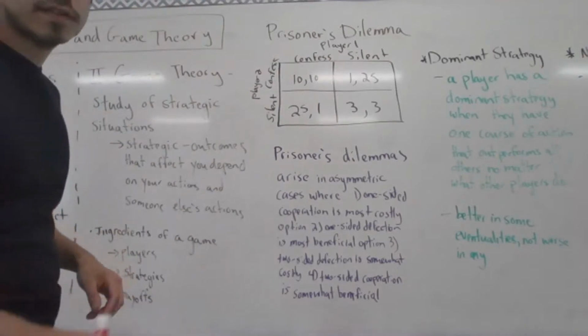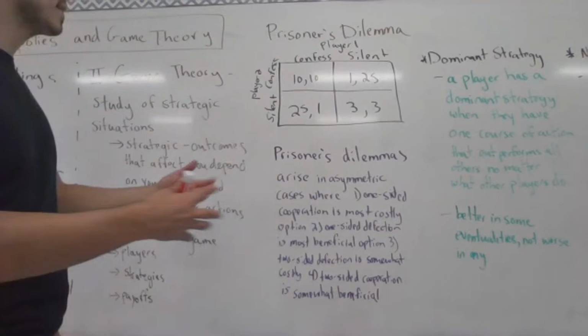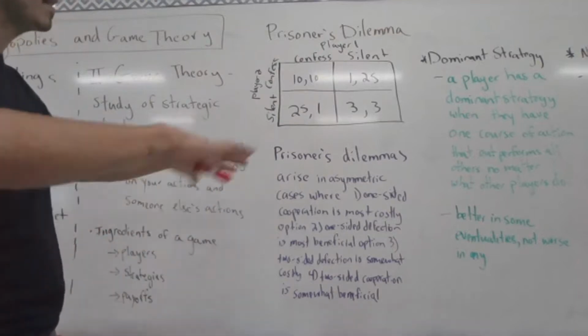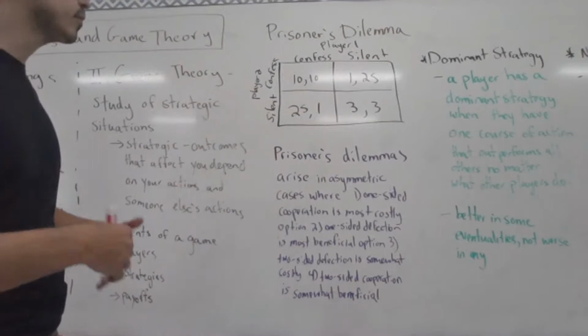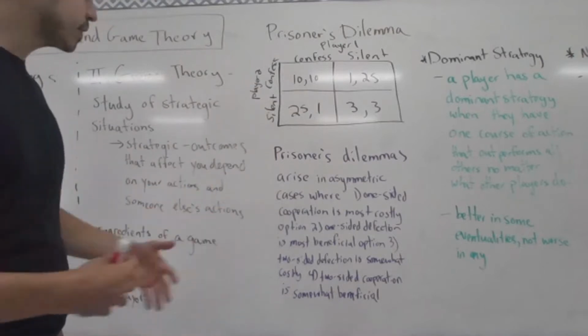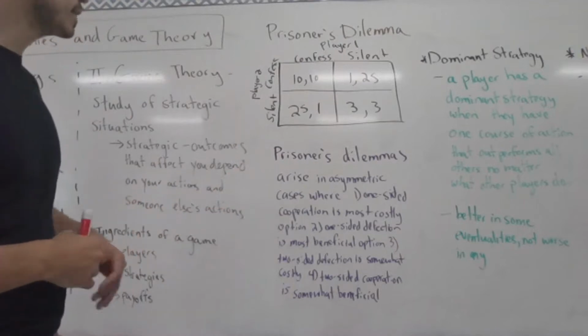And so we went over the background behind this example in class. There are 2 bank robbers, they get caught, they get taken to separate holding cells, and the police are trying to coerce or persuade the other person to confess. Really, if both confess, that would be good as well for the police.